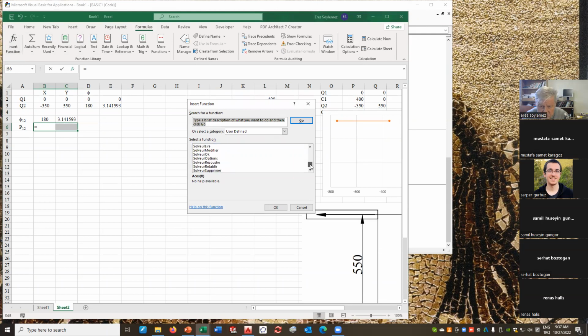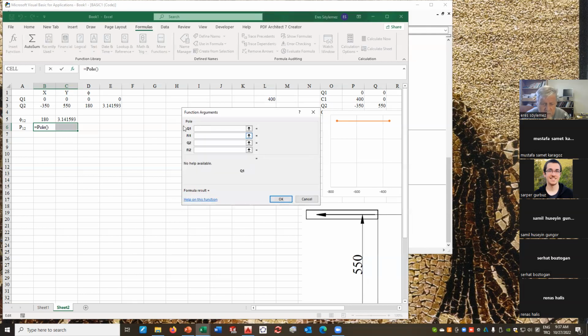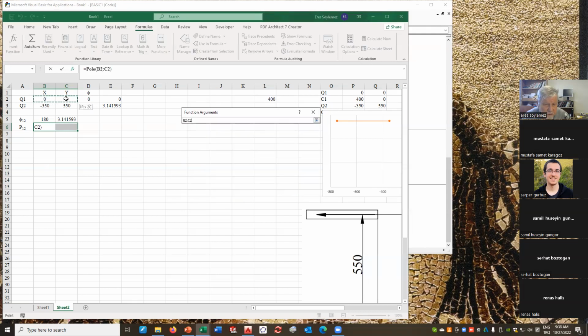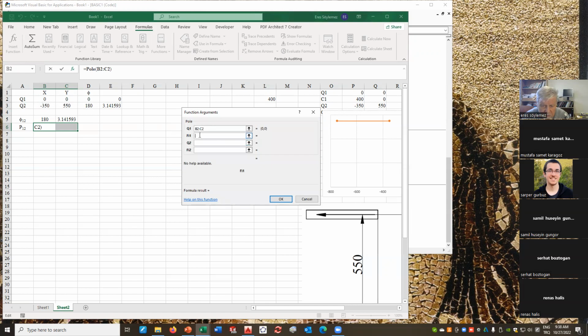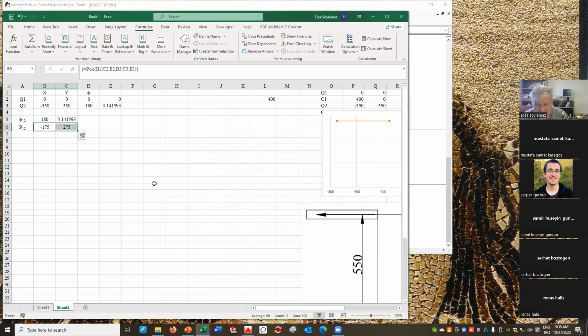User-defined, PR, pole, okay? And then Control Shift Enter. That's it.